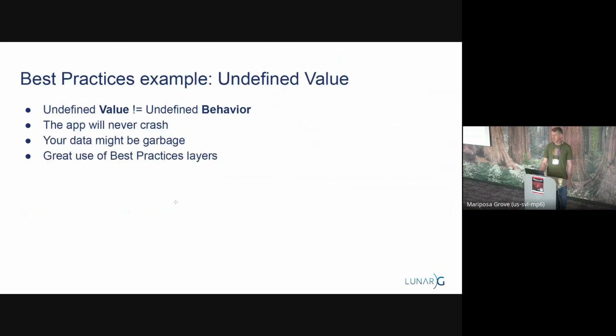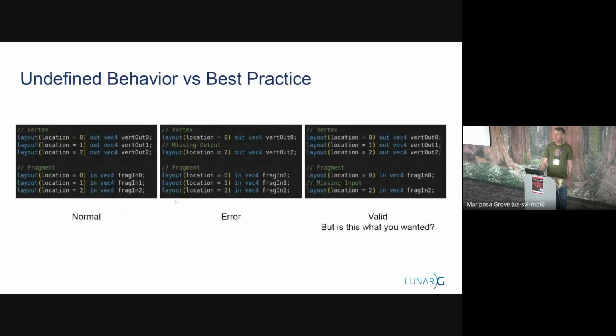An example for best practices is an undefined value, which is not exactly undefined behavior, but you might get garbage output. So in detail, you might have a vertex and fragment shader. Normal case, you consume all the outputs from the vertex shader in the fragment shader.